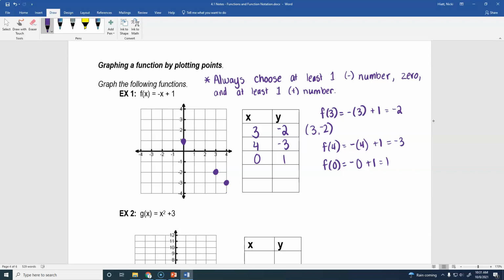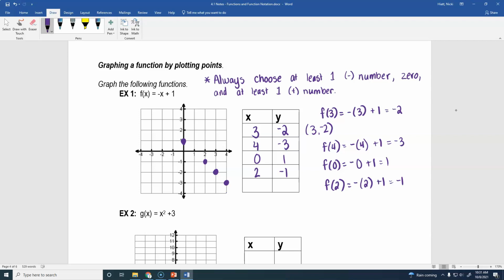Okay, Zane, pick me another number. Okay, we try 2. I've got -2 plus 1, which would be -1. So 2, -1. Be right here.